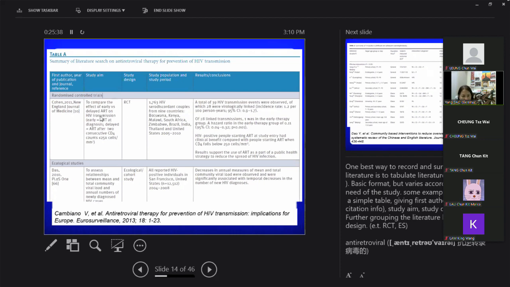For this one, for example, it's about the literature on antiretroviral therapy for prevention of HIV transmission.